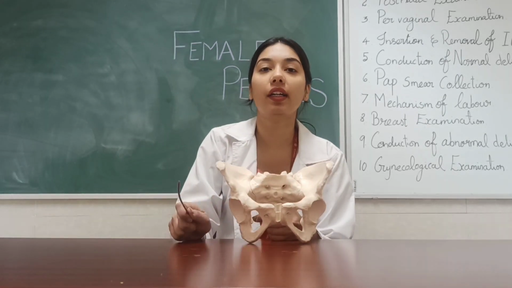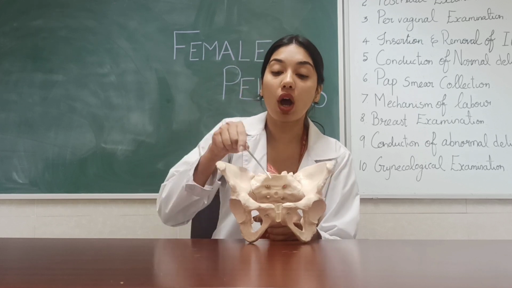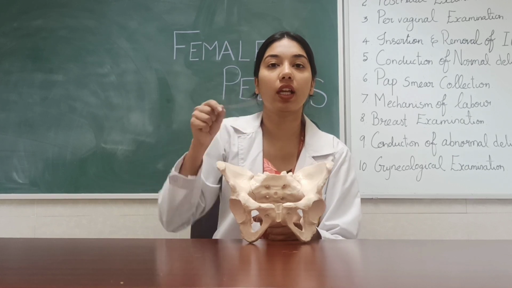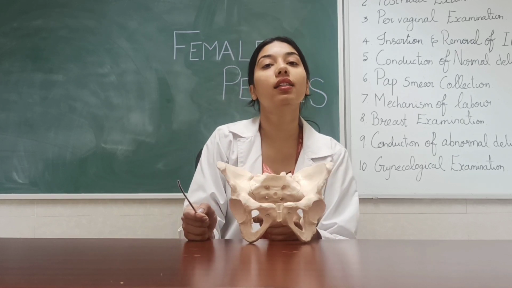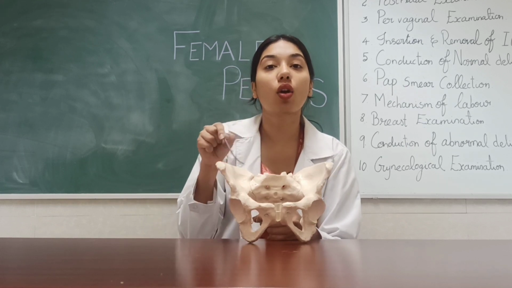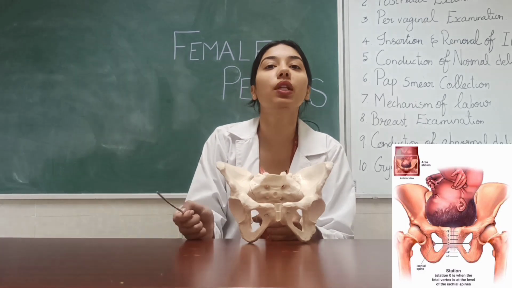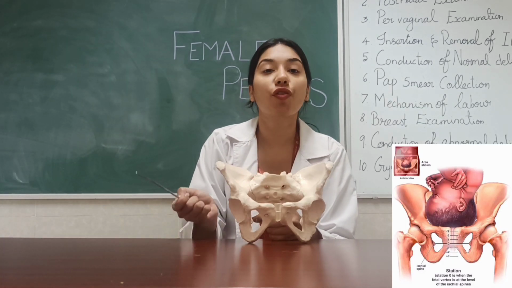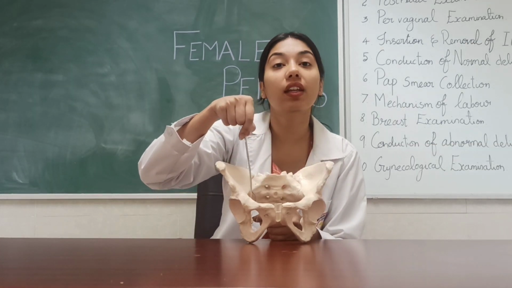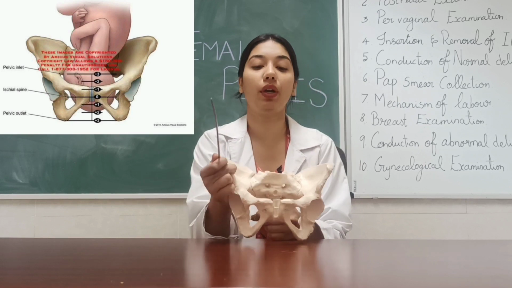The pelvis is divided into two parts, that is the true pelvis and the false pelvis. Above the brim here is the false pelvis. Why are we saying this is a false pelvis? Because it does not have any obstetrical significance. It just helps in holding the baby before delivery, while the obstetrical significance is of the true pelvis, which is situated below the brim.